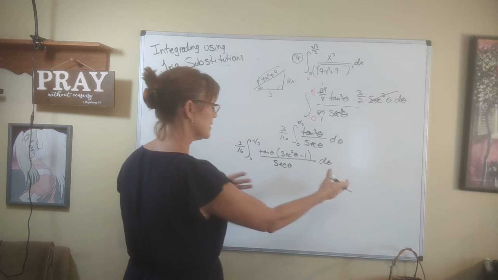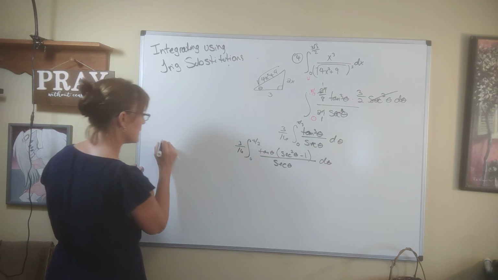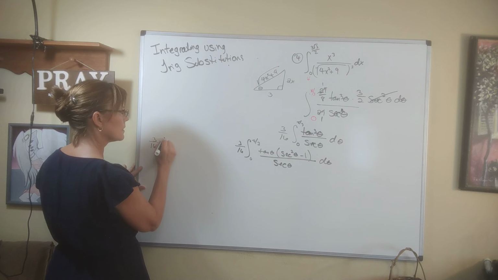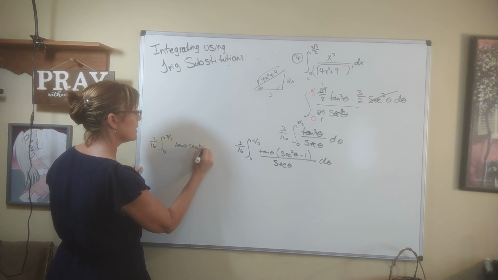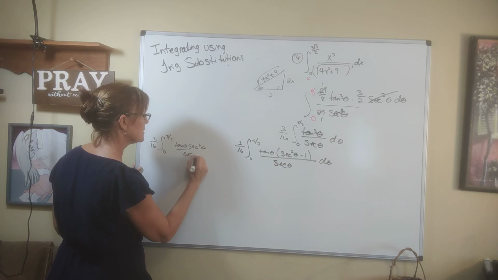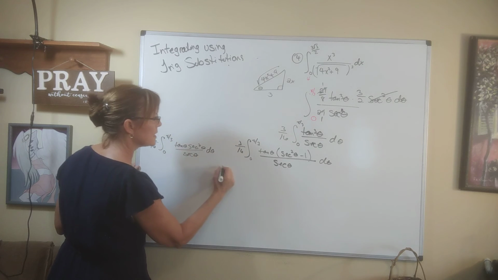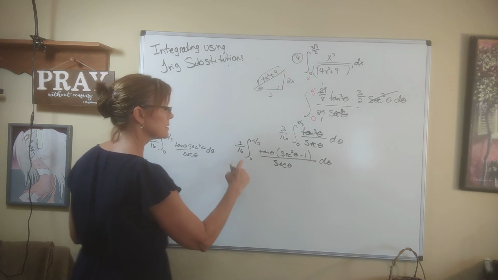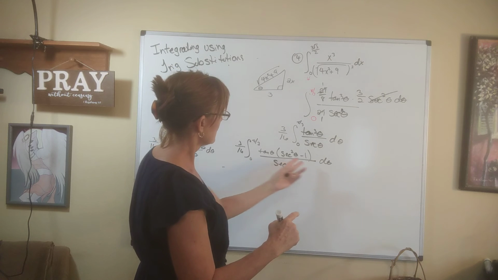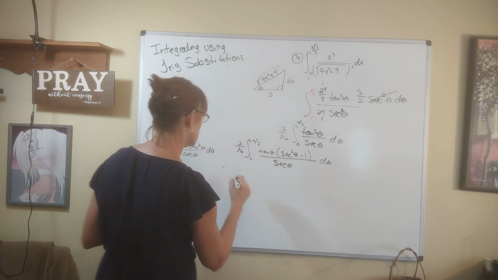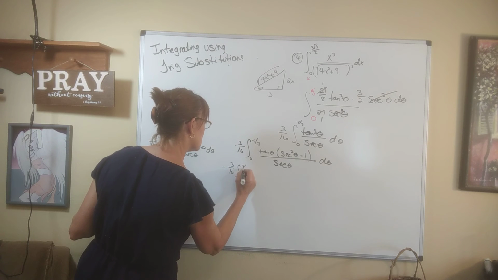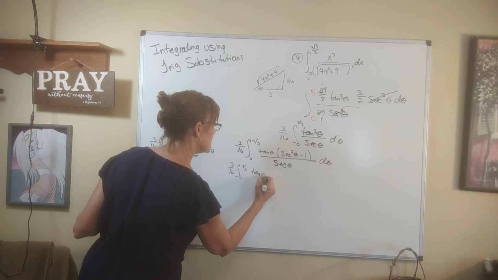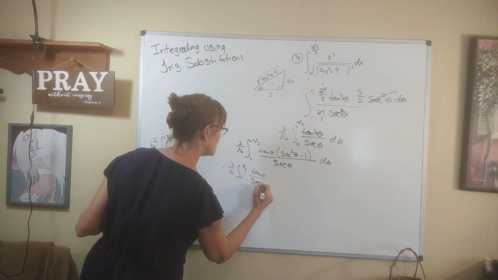All right, let's see if that helps anything. I'm going to split this into 2 integrals. So this is going to be 3 over 16, 0 to pi over 3, tangent secant squared theta over secant theta d theta minus tangent over secant.